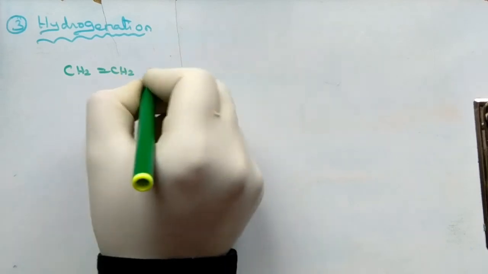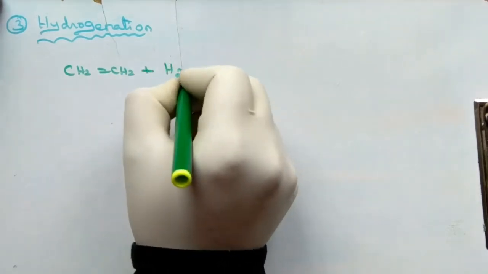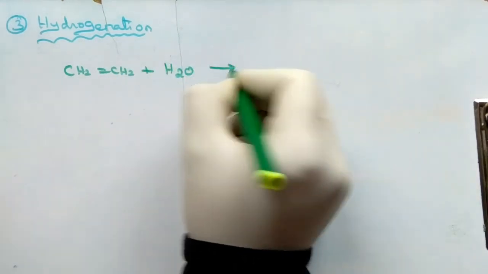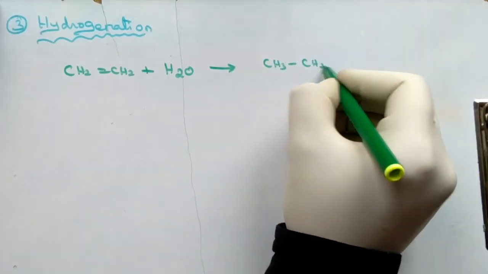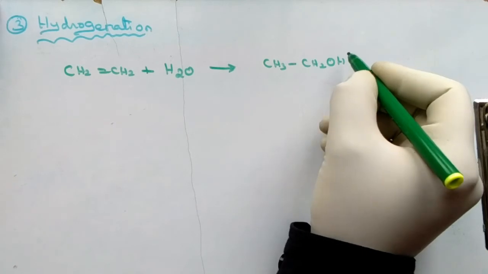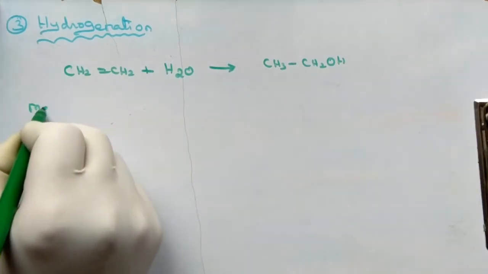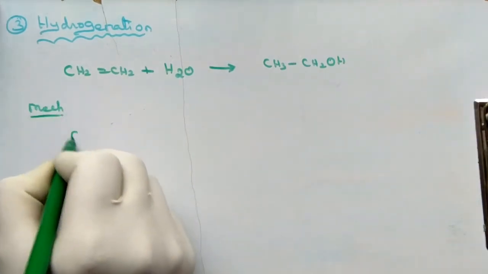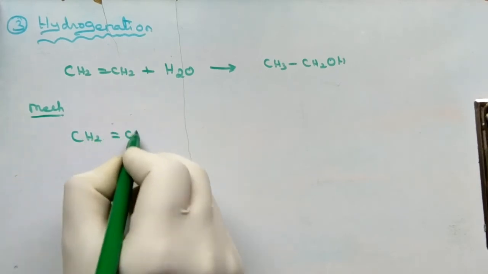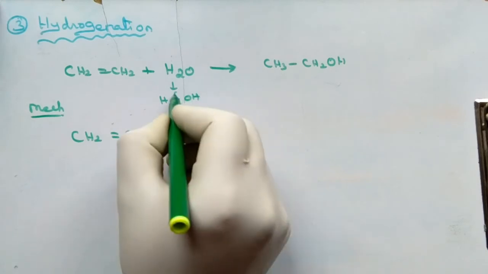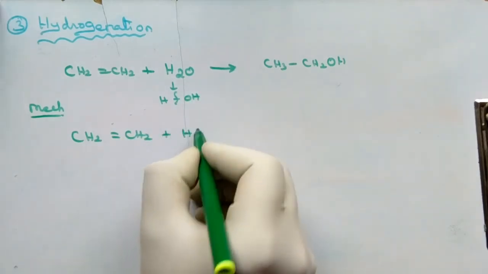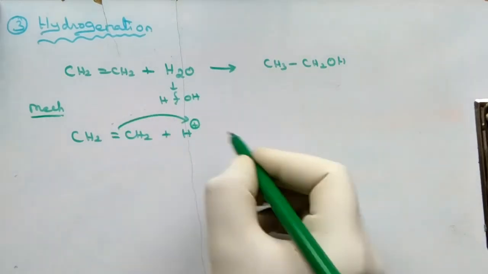As I told you in the beginning, in hydration, a water molecule will be added to an unsaturated compound. Here ethene is reacting with water. After the addition, we are getting the saturated product, that is ethanol. Let's see this reaction. In the first step, the pi electrons will attack the electrophile. Here the electrophile is H plus.